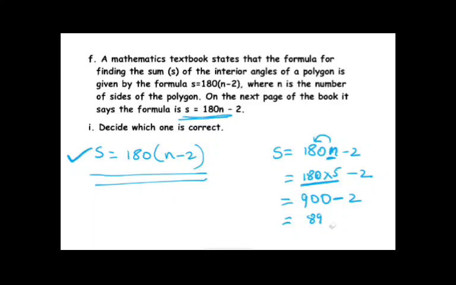Do you think 898 is the correct answer? It's very different from the one in our previous question E, where we realized the correct answer. So this is definitely wrong.